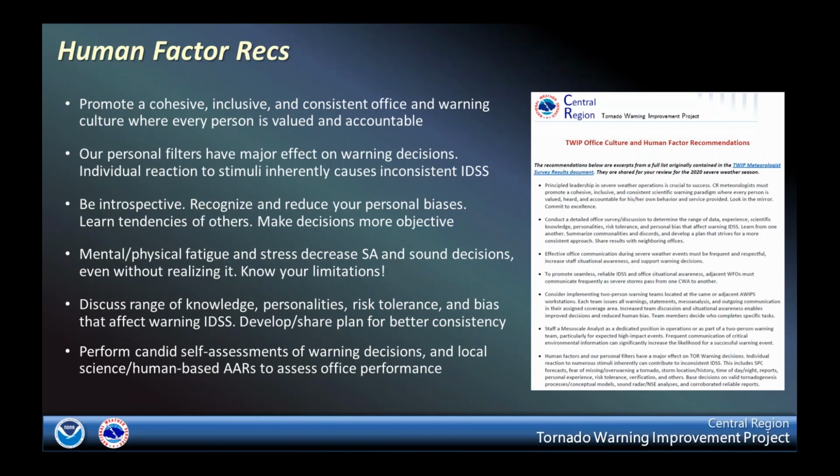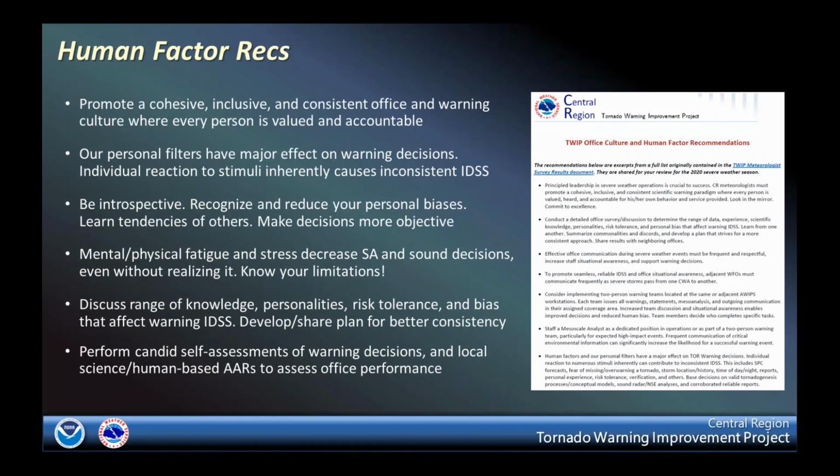And then through, say, Google Hangouts or another way, you can actually talk amongst yourselves, the people in the office, and discuss the range of knowledge and the personalities in your office concerning warning services. What's each person's risk tolerance? Do you actually issue warnings more quickly? Or are you one who's more conservative and holds back a little bit? What are your biases? Get a better understanding. Again, learn the tendencies of others.